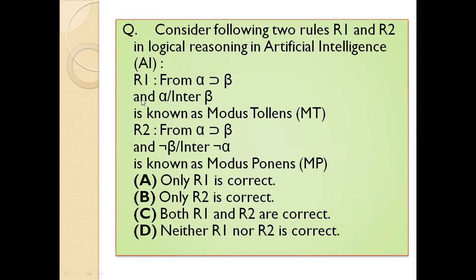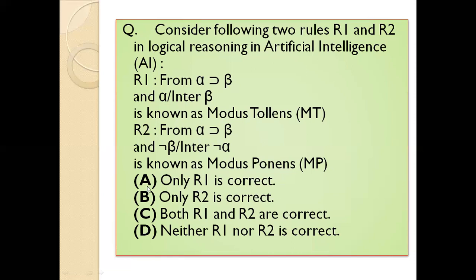And this, with negation of alpha divided by negation of beta, is known as modus tollens. And R2 says, from alpha to beta, that is alpha as a superset of beta, and negation of beta divided by negation of alpha is known as modus ponens. So the question is actually saying that R1 is modus tollens and R2 is modus ponens.